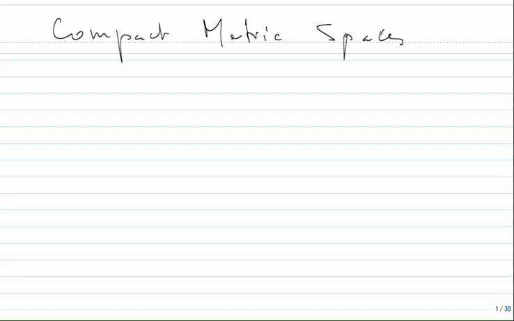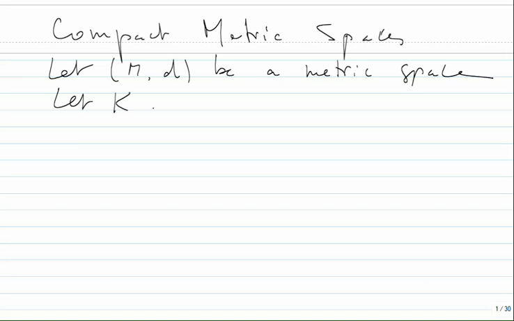First of all, let us set the stage. Throughout, let (M, d) be a metric space. Let K be a non-empty subset of M. Recall the topological definition of compact spaces.